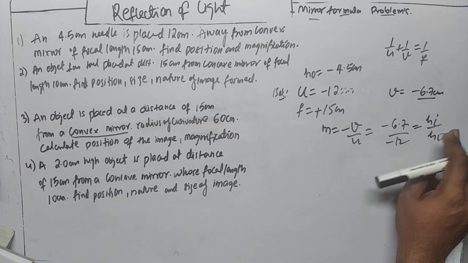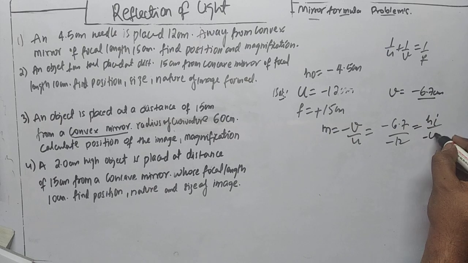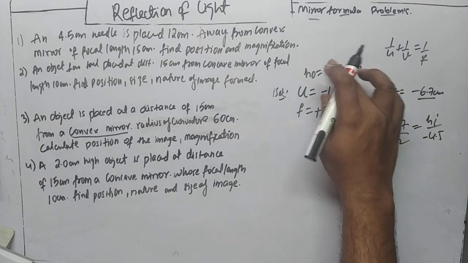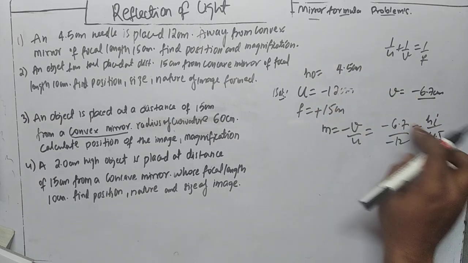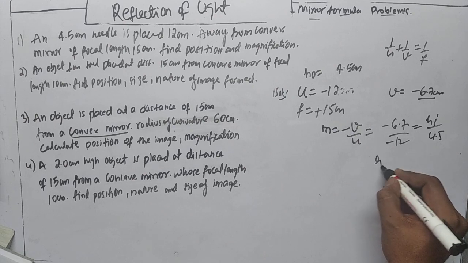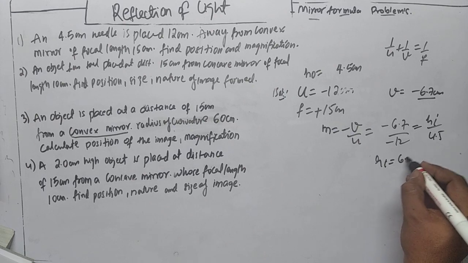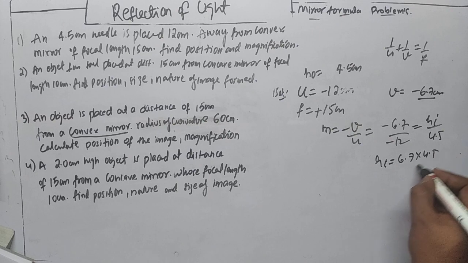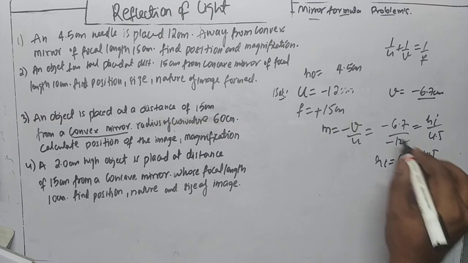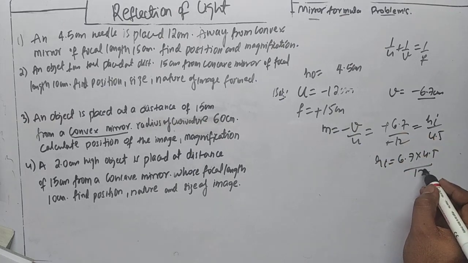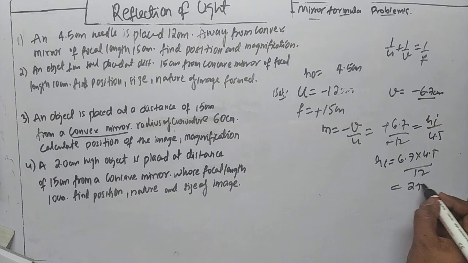We substitute height of the object as 4.5, sorry, this is not minus, this is 4.5. Cross multiply, and we get height of the image as 6.7 into 4.5 by 12, because minus and minus cancel. If you divide that, you will get 2.5 centimeter.